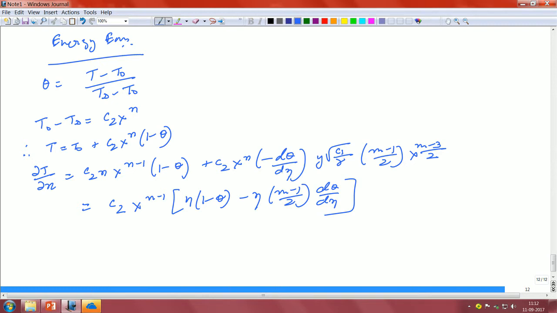Similarly, your dT by dy, if you follow the same course of math, is d theta by d eta into square root of u infinity by gamma x.